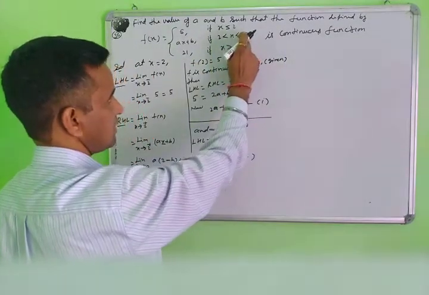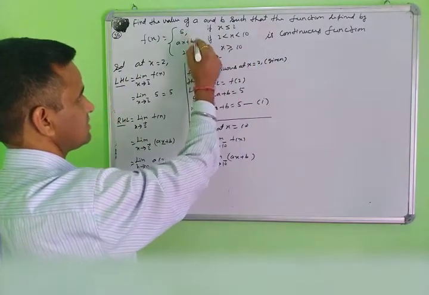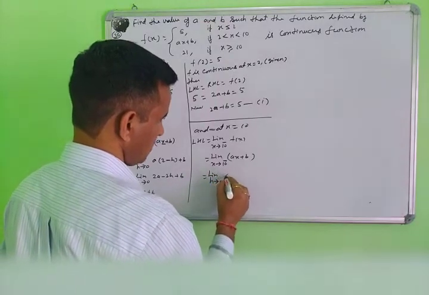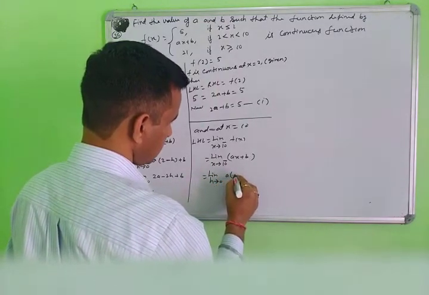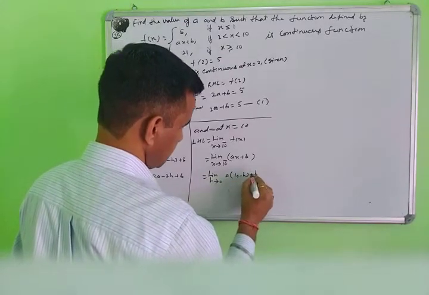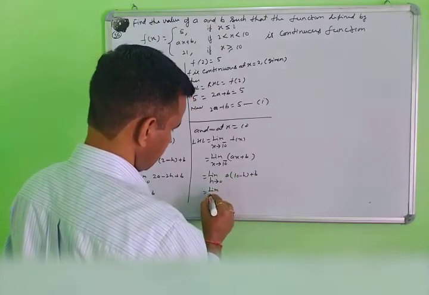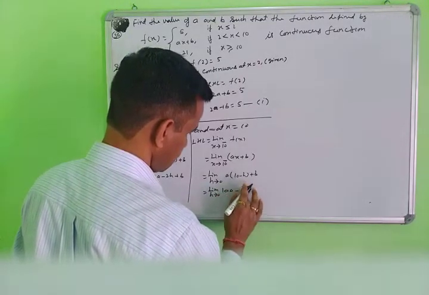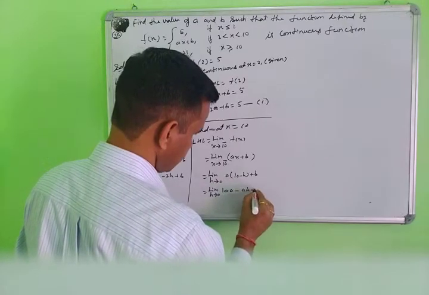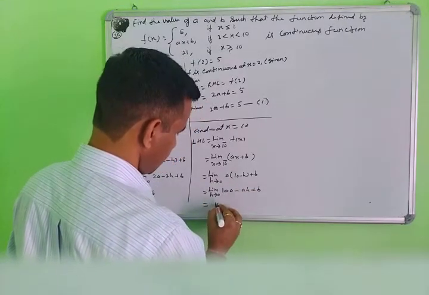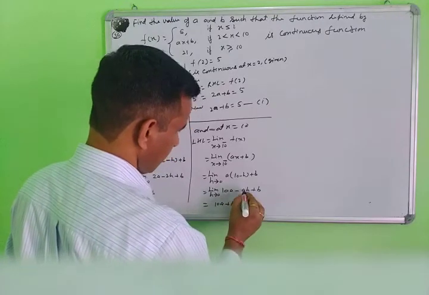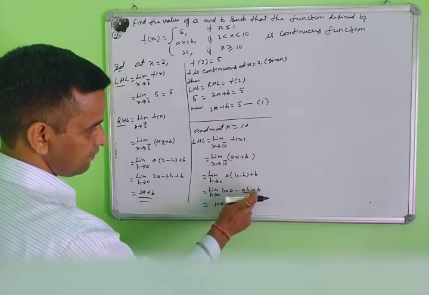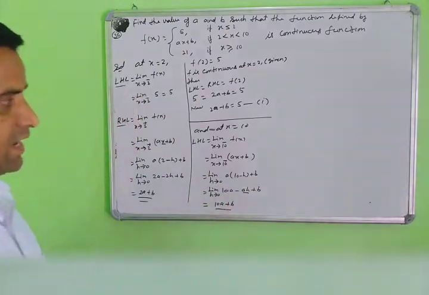Taking the limit as h tends to 0, it comes to a(10 minus h) plus b, so 10a minus ah plus b. After using the limit, the h term becomes 0. So what is left is 10a plus b. This is the value of the LHL.